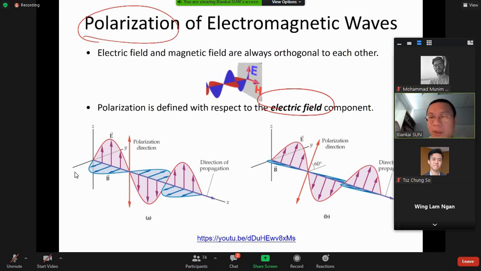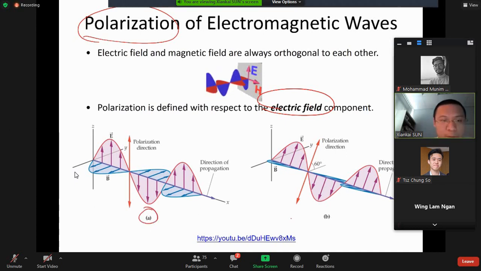So once you define the oscillation direction of electric field, then you know that magnetic field is perpendicular to that, as shown in the two examples at the bottom. So this polarization direction is vertical because the electric field is oscillating vertically along the z direction.